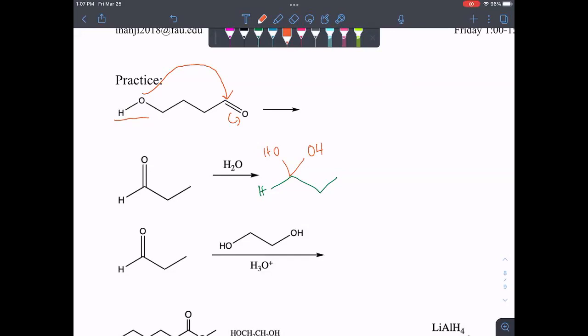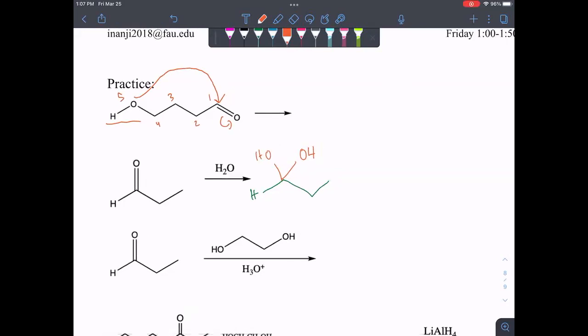I think this is going to be a 5-membered ring. So I'm just going to keep the aldehyde there. Since you're adding something to the aldehyde, the pi bond is kicked up and it's gone. So you have a single bonded alcohol. And then you just count your carbons to make a ring. So 1.